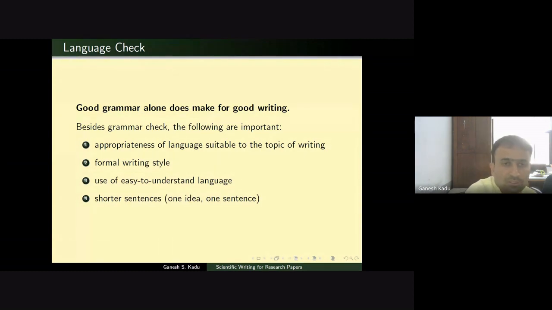A sentence may be grammatically correct, but it may not be appropriate for the topic that you are writing about.